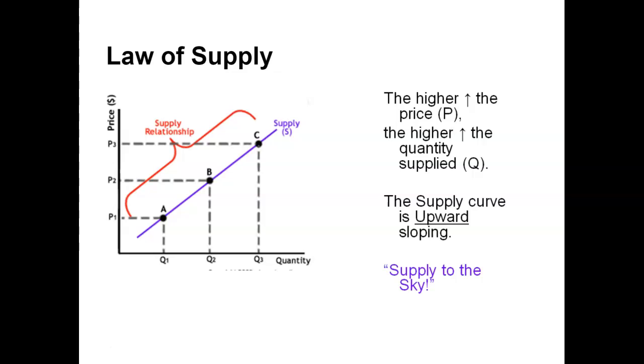So if the Furby was $5, the quantity would be at Q1, but if they can get $35 for them, then the quantity that they're willing to supply will go up to Q3. So the supply curve is upward sloping from left to right.